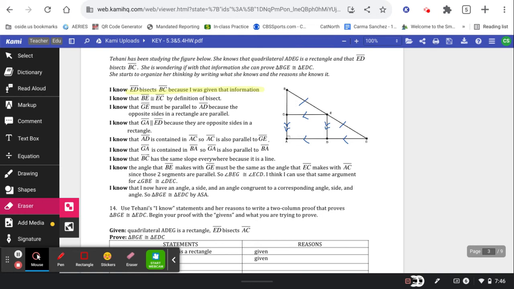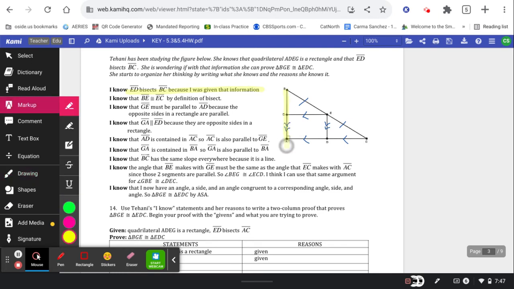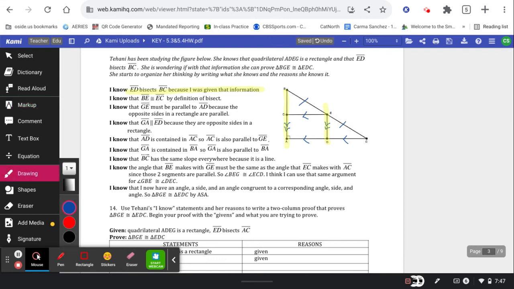So this whole segment here is parallel to this because it's contained within. BC has the same slope everywhere because it's a line, okay? The angle BE makes with GE must be the same as the angle EC makes with AC.